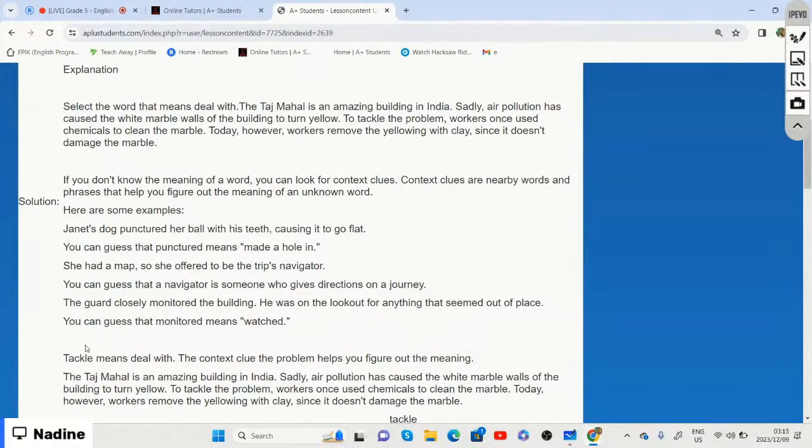If you don't know the meaning of a word, you can always look for context clues. Context clues are nearby words and phrases that help you figure out the meaning of an unknown word, the words that you don't know the meaning of. And then we made a few examples.